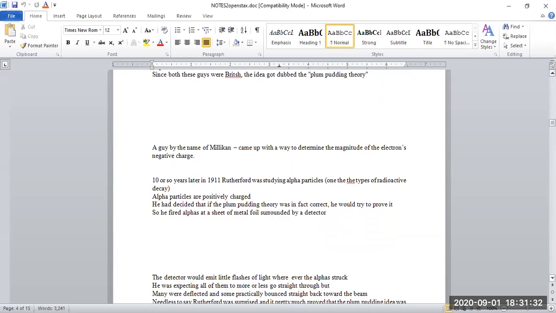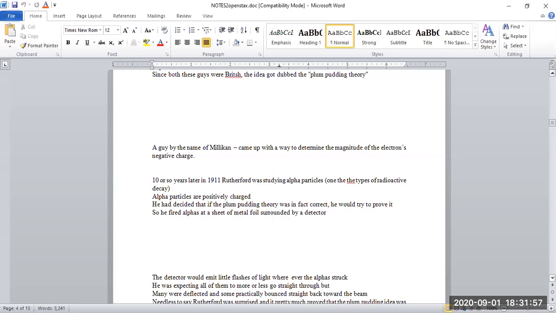So he has this big block of lead, and he puts his little piece of radioactive material in the block of lead, but there's a hole drilled in one side. There are pictures of this in your textbook. He looks at where he's aiming the alpha particles. Basically, he created a radioactive gun, more or less.